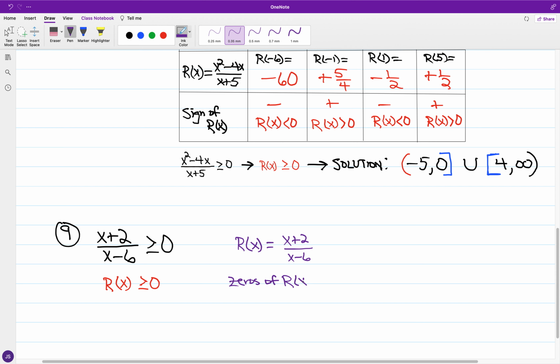And for the zeros of r of x, with x plus 2 we have negative 2. And you can have a 0 numerator, as long as you don't have a 0 denominator. And negative 2, that will be the case. And for x minus 6, the denominator, if I have a 0 denominator, this will spring forth from x equal to 6.